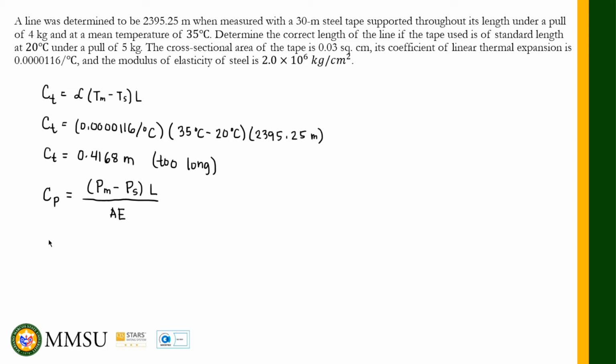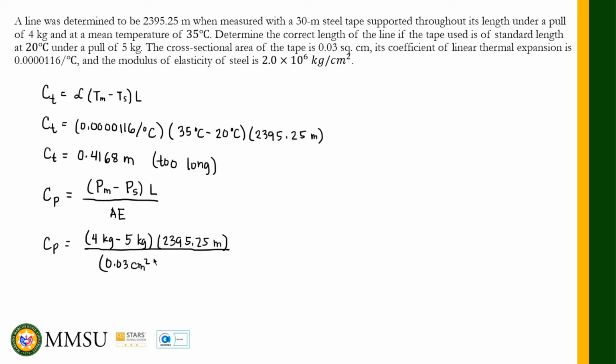Okay, so let us substitute. So C sub P is equal to the pull during the measurement, which is 4 kilograms, minus the standard pull of 5 kilograms. The length is 2395.25 meters, divided by the area, the cross-sectional area, which is 0.03 square centimeters.